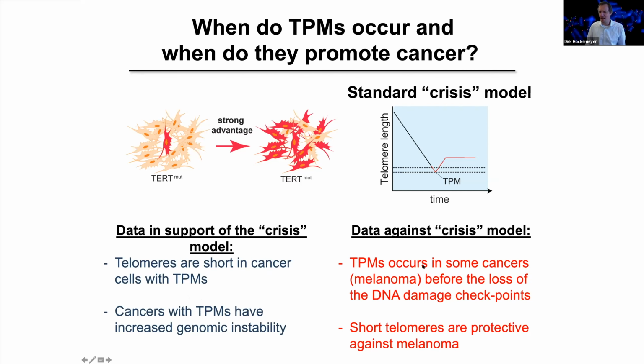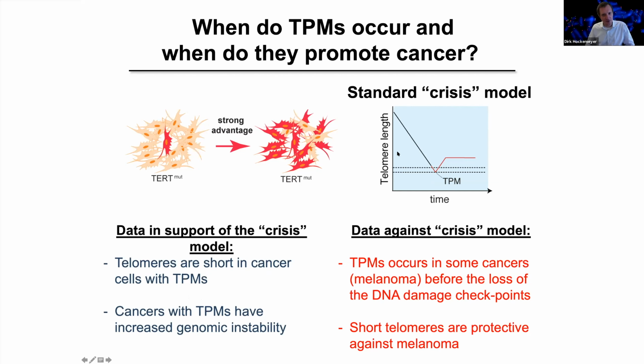However, what argues against this idea that TERT promoter mutations are derived during crisis is that in melanoma, at least, we knew from also cancer genome sequencing studies that TERT promoter mutations can occur and are positively selected before the loss of cell cycle checkpoints, such as loss of p53.